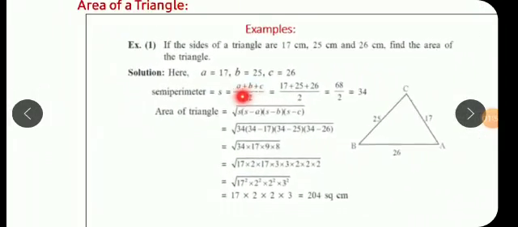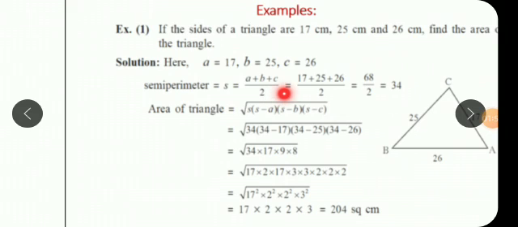So what is the semi-perimeter? Semi-perimeter is equal to A plus B plus C upon 2. That means 17 plus 25 plus 26 upon 2. So add it. You will get 68 upon 2, and 68 upon 2 is 34.